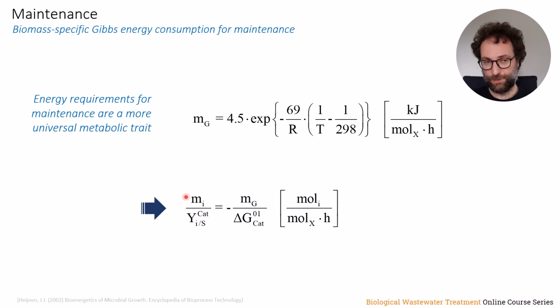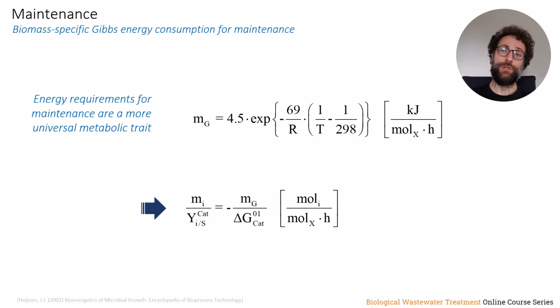As we always assume the fluxes, the rates to be positive, as well as the yields, then there is this minus here because by definition, otherwise it would not be a catabolism. The delta G of the catabolism is negative. So then mi becomes positive.